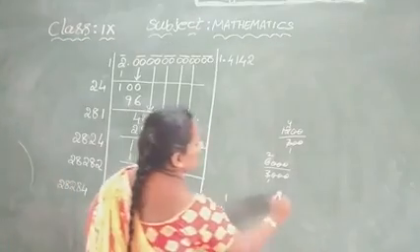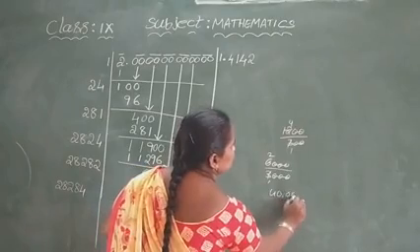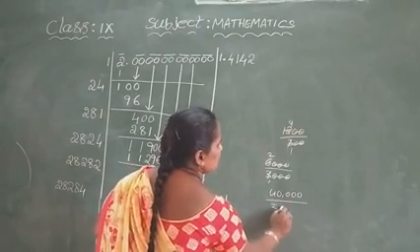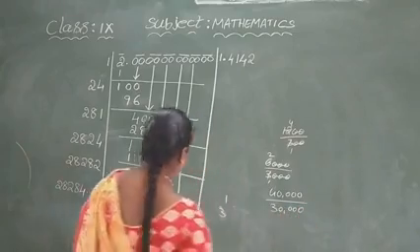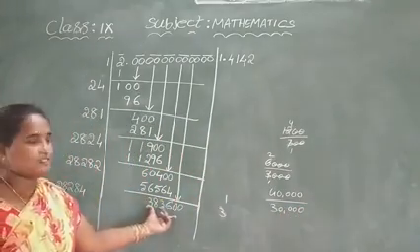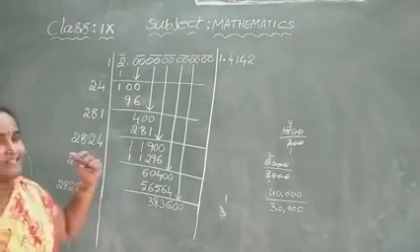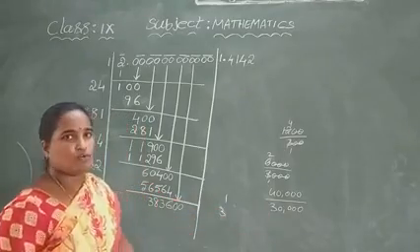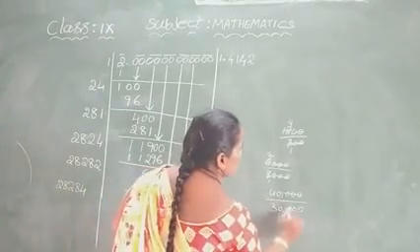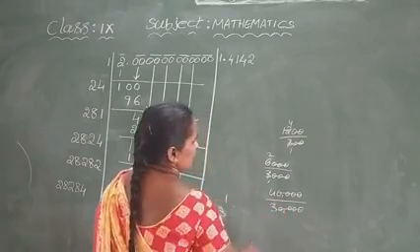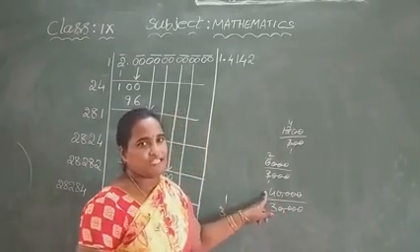Then you take 40,000 divided by 30,000. Okay? Here 4 zeros cancel and 3 is not perfectly divided here.